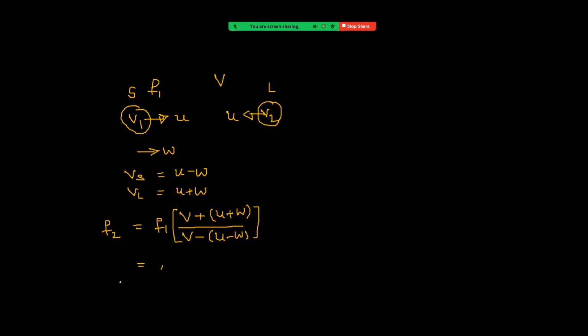So when wind blows from source to observer, f2 is greater than f1. Okay, now verify the next option.